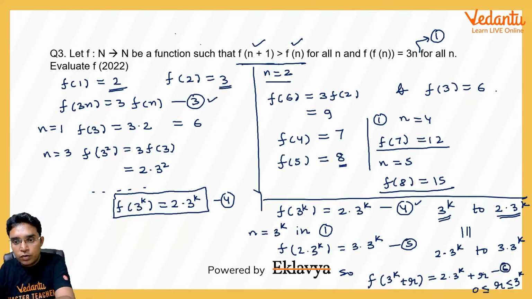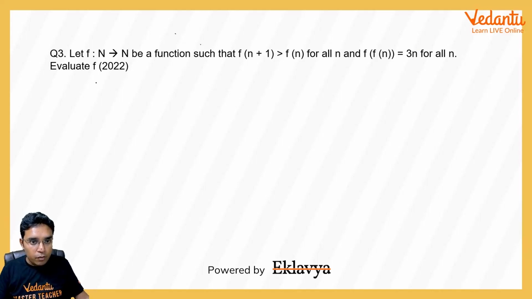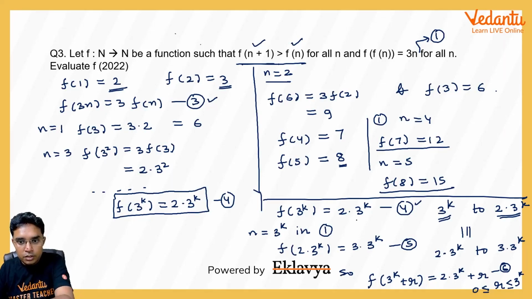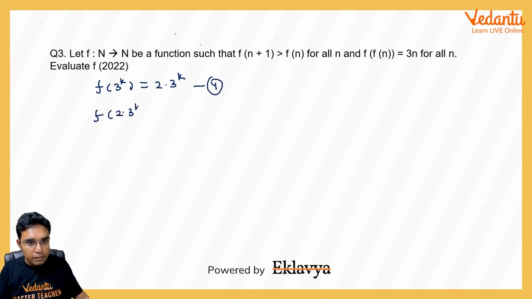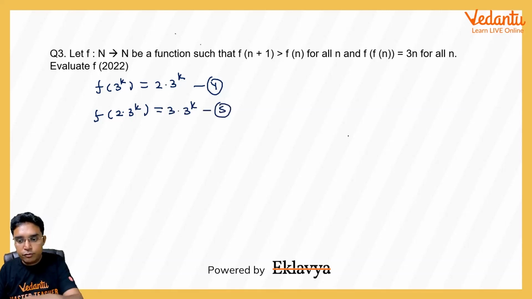And let us go to one more slide, and let me repeat what we have done so far. We have got f of 3 power k is equal to 2 into 3 power k. This was my equation number 4. Then I got f of 2 into 3 power k to be equal to 3 into 3 power k, and that was my equation number 5. Let me check.